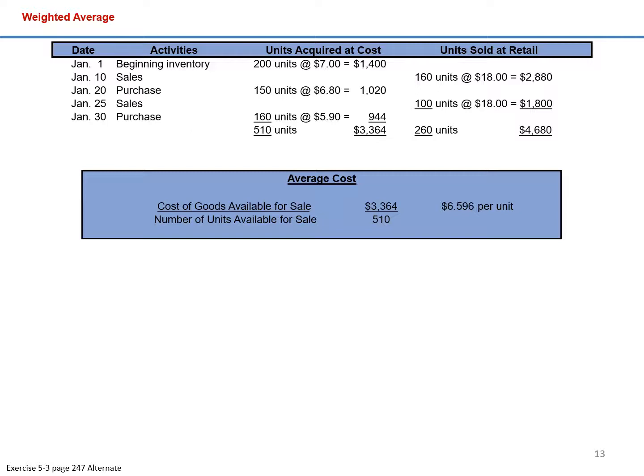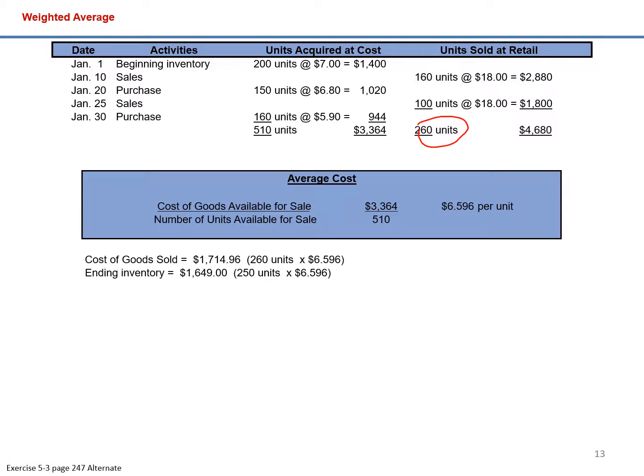And then if you apply your $6.596 to your total units in cost of goods sold, which would be 260 units sold at retail here, you have cost of goods sold of $1,714.